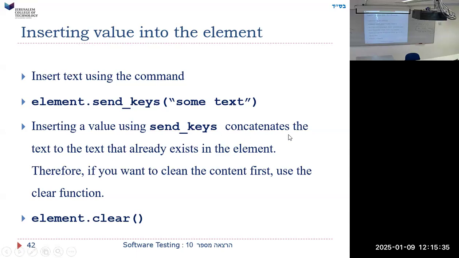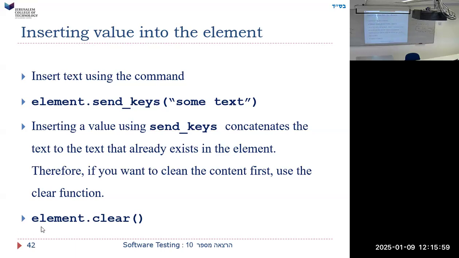Insert a value using send keys concatenates the text to the text that already exists in the element, if there is. Therefore, if you want to clean the content first, use the function element clear. There might be text already there for some reason. Sometimes they tell you what to write there, like your name.